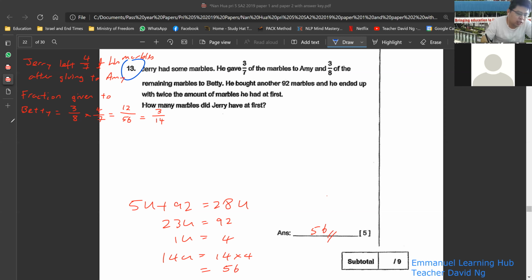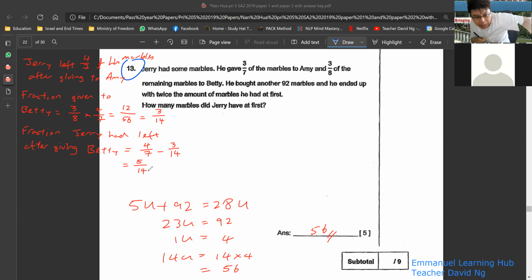Then the fraction Jerry had left after giving Betty is 4/7 minus 3/14, which is 5/14. Can you understand? Yes.